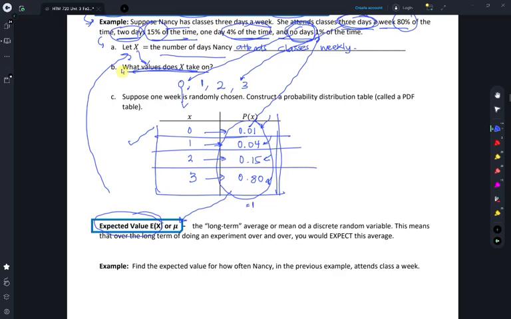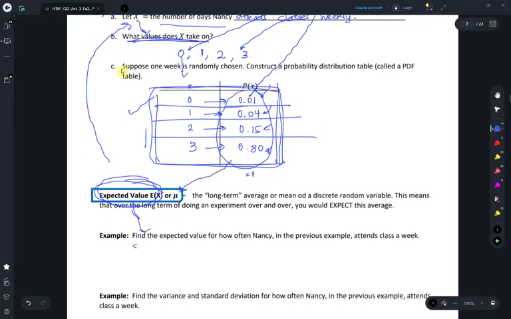Under the assumption that this probability model continues to apply for an infinite number of weeks, we can answer the question: on average, how often does Nancy attend classes weekly? The answer will be to find the expected value of the number of times she attends classes weekly. How do we find the expected value using the probability model?